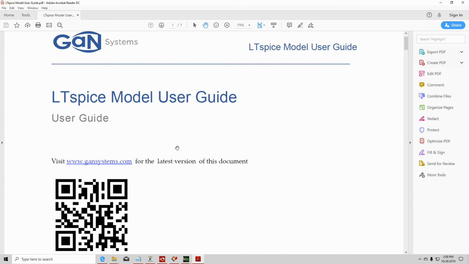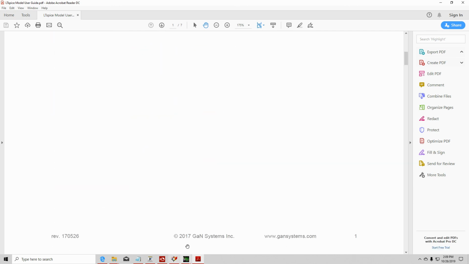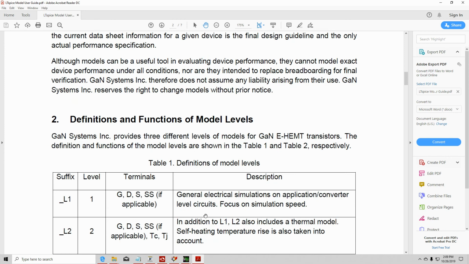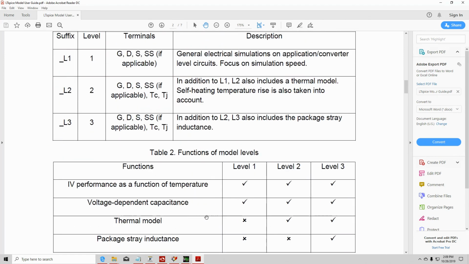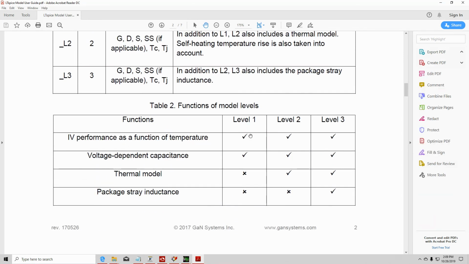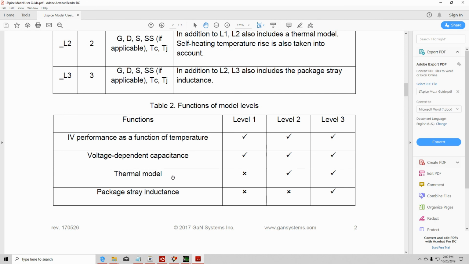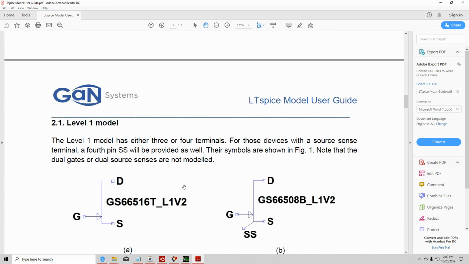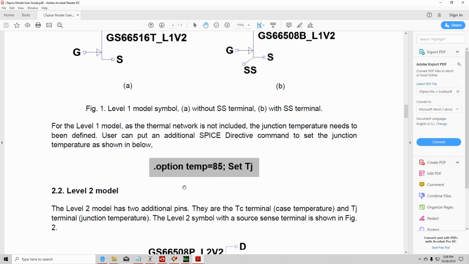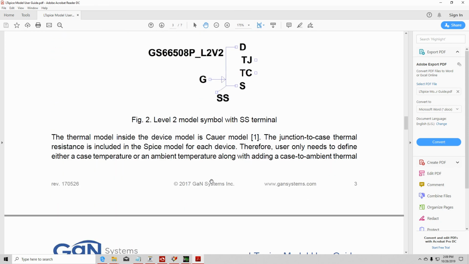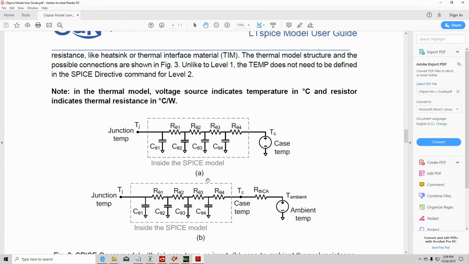This is the LTspice model. It tells you the level. There are 3 levels and they each predict differently. And if you notice, level 2 and 3 have a thermal model. And there's a way that you can set the thermal. Here it is. See? So this is built into their LTspice model.